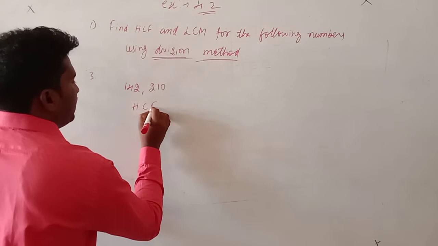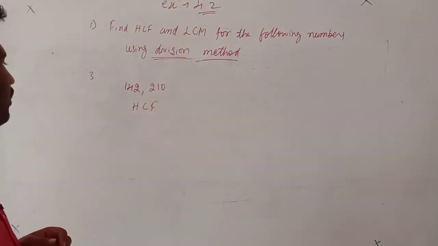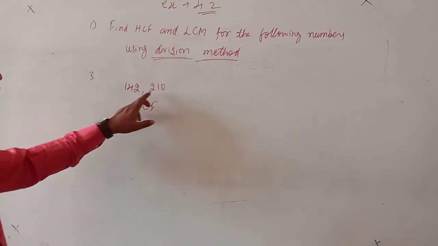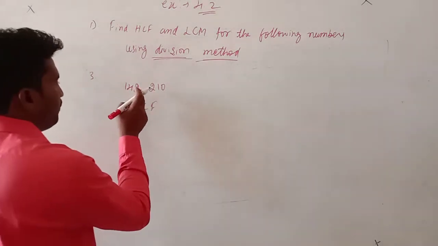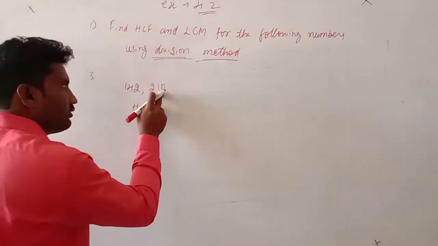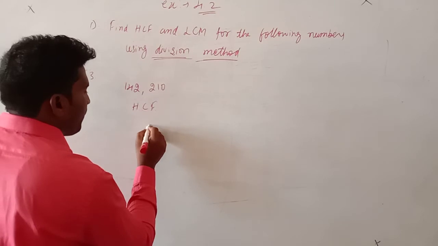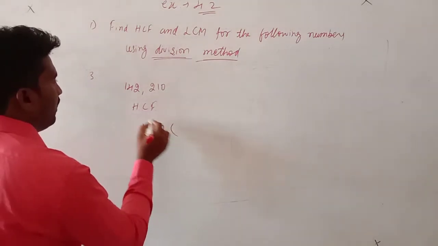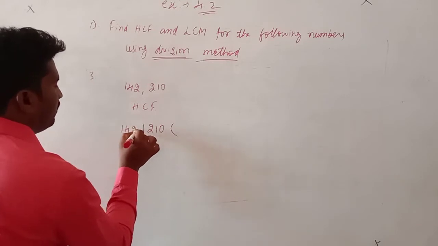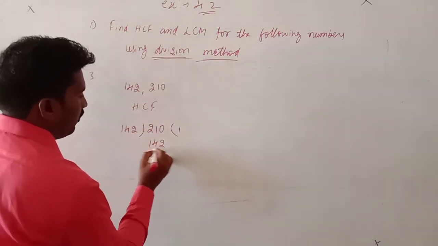So I am finding the HCF here. Which is the lowest number and which is the highest number? We have to divide the highest by the lowest, so 210 is the dividend and the divisor is 142. 142 ones are 142.